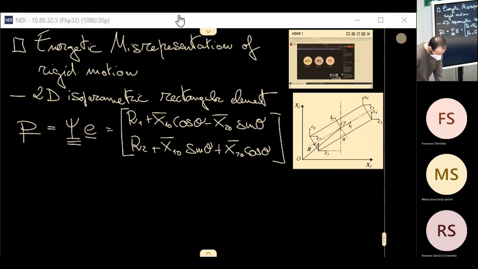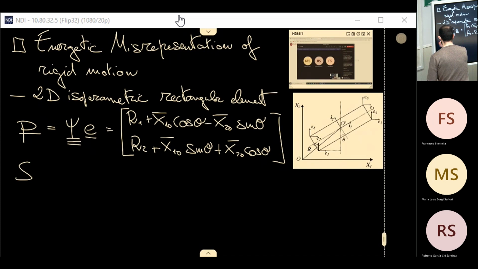Now, the idea is to associate to this position field of each point within the element, again described with respect to the inertial frame, a potential, a strain energy.